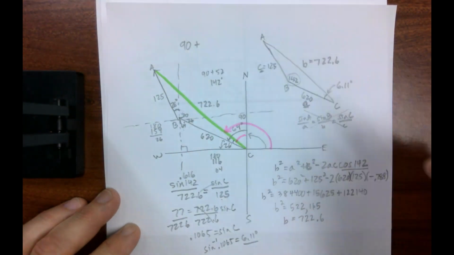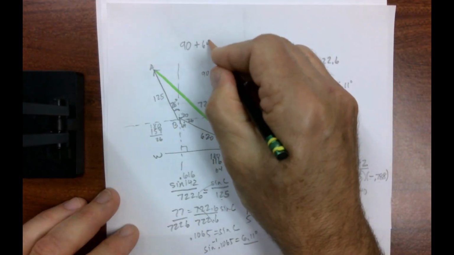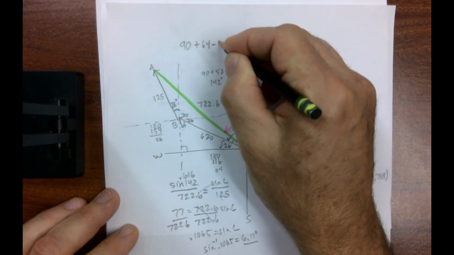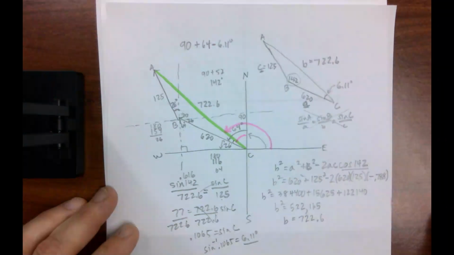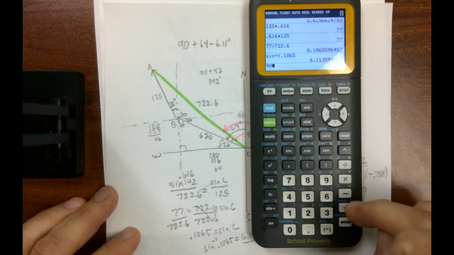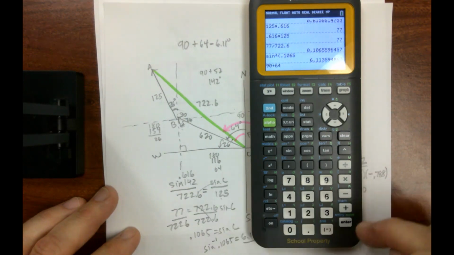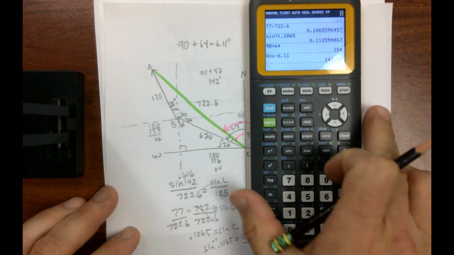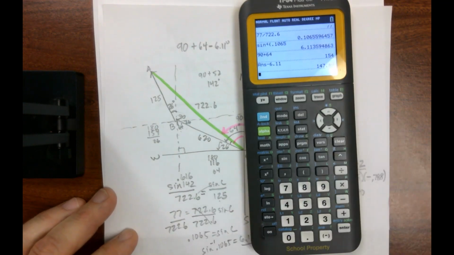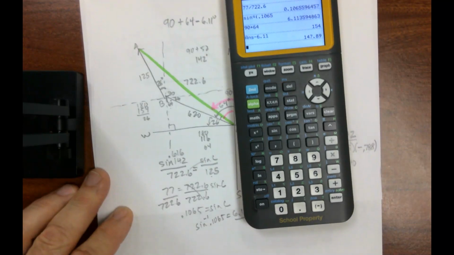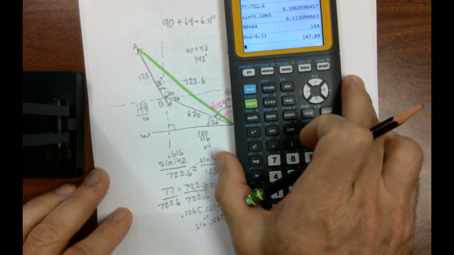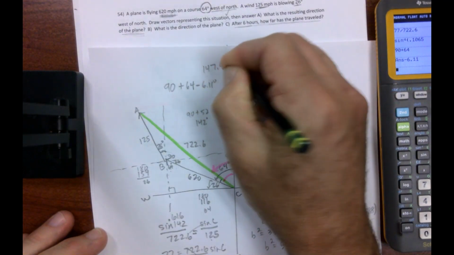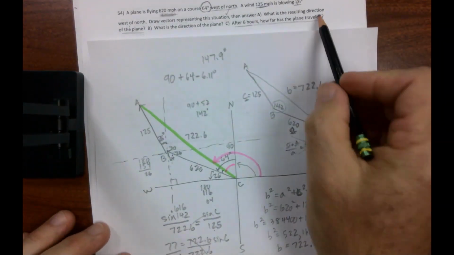So we're going to add really 64 degrees minus that little sliver, 6.11. So if we take our calculator, 90 plus 64 minus 6.11, we get 147.89, we'll go 147.9. So 147.9 is the resulting direction of the plane.